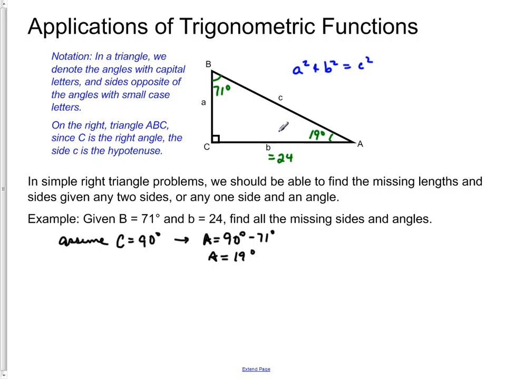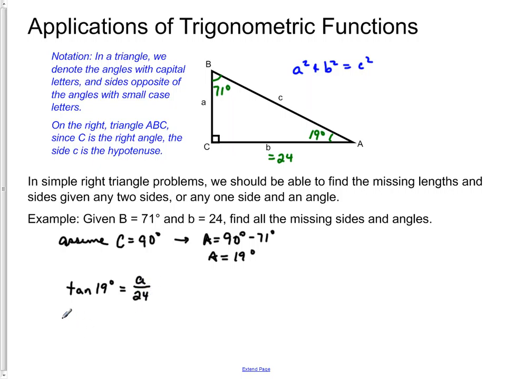In my right triangle, if I know side b, I can find out the information I want about sides a and c as well. For example, I know that the tangent of angle A, 19 degrees in this case, will equal the ratio of side a to side b, and b is 24.